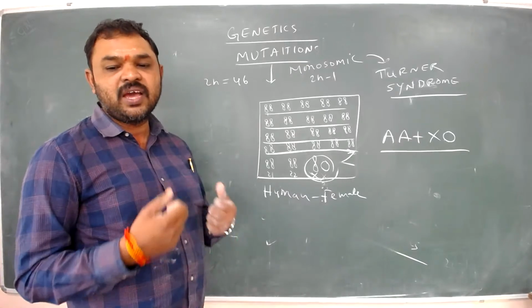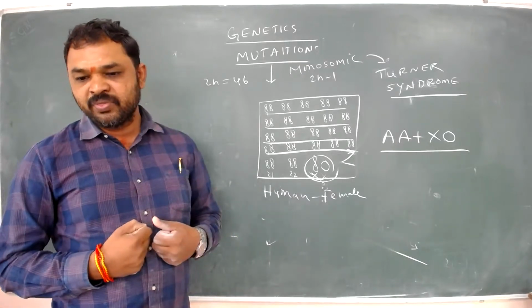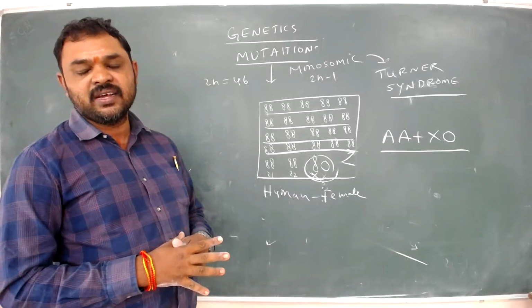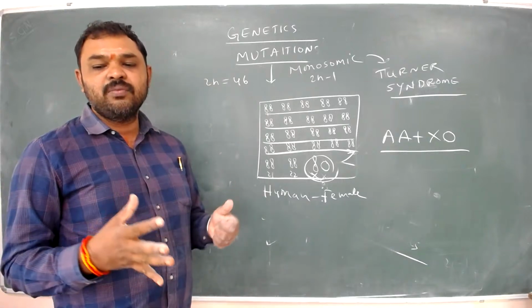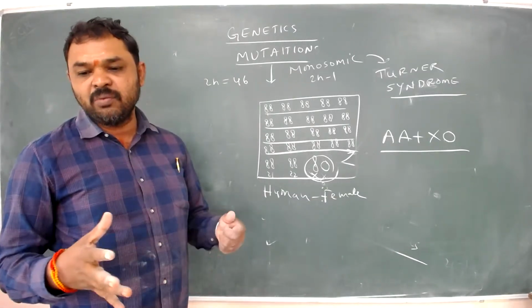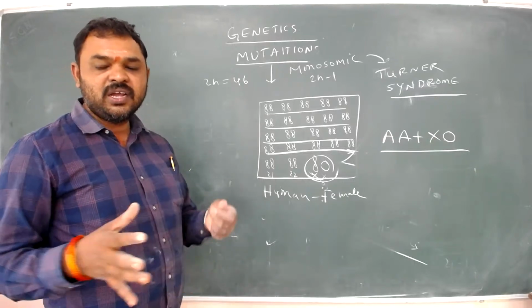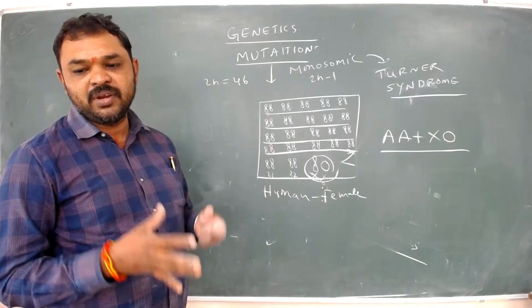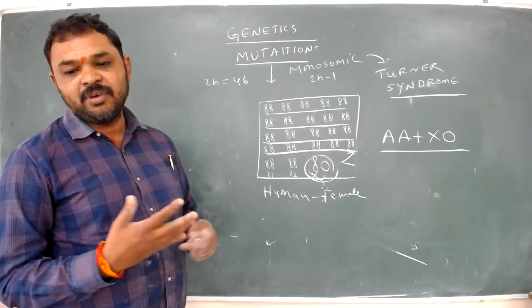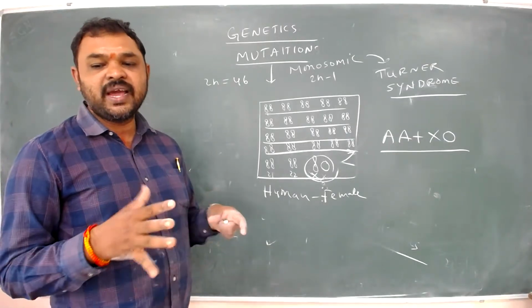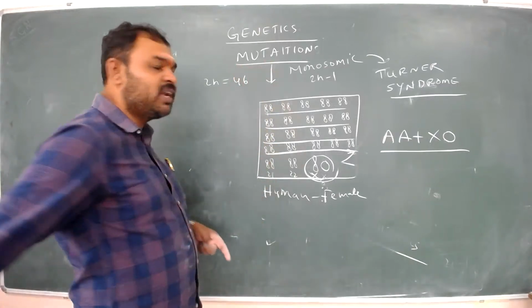They are sterile females, with no secondary sexual characters: poor development of the breast, no pubic hair, and hips cannot develop on attaining maturity.